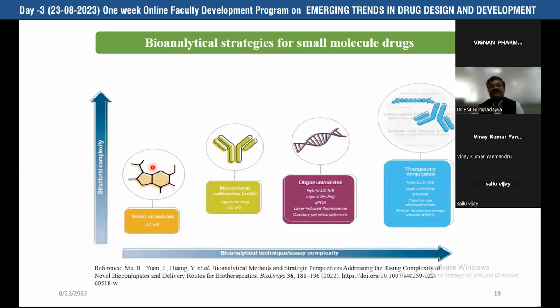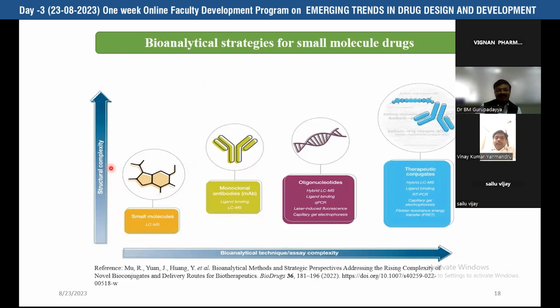And here, this particular slide is going to give information about how your sample size and accordingly the time are important. This slide is going to give an idea when there are small molecules, and when your interested molecules are antibodies, or oligonucleotides, or therapeutic conjugates. On the x-axis, you are observing the bioanalytical techniques, and on the y-axis we have put the structural complexity.